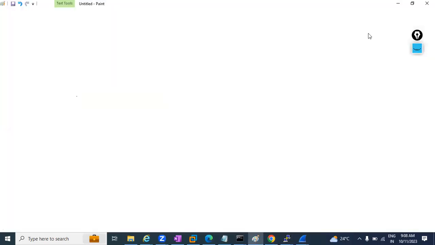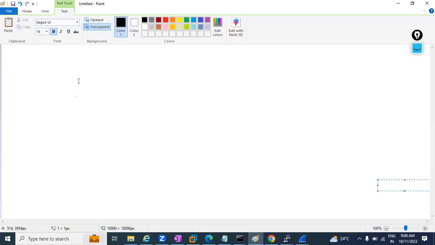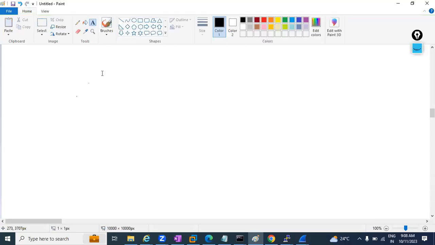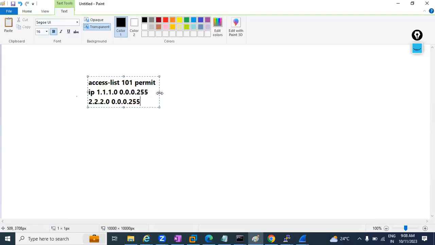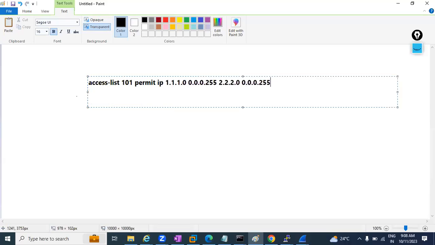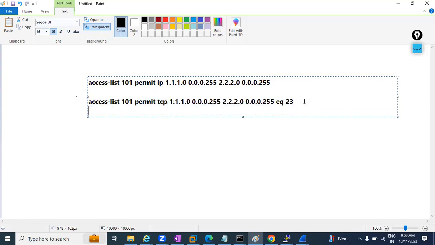Instead of this, we have to use access-list 101 permit TCP, source would remain the same, and equals to 20. So this should be the first entry, and then this should be the second entry.